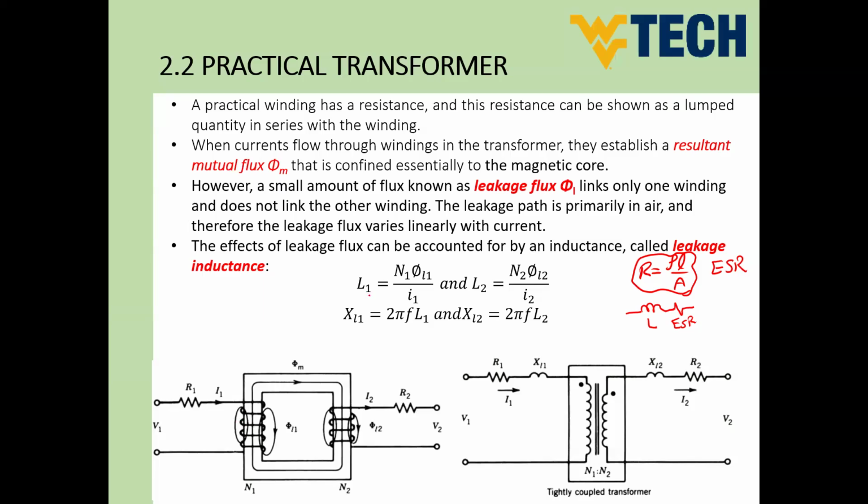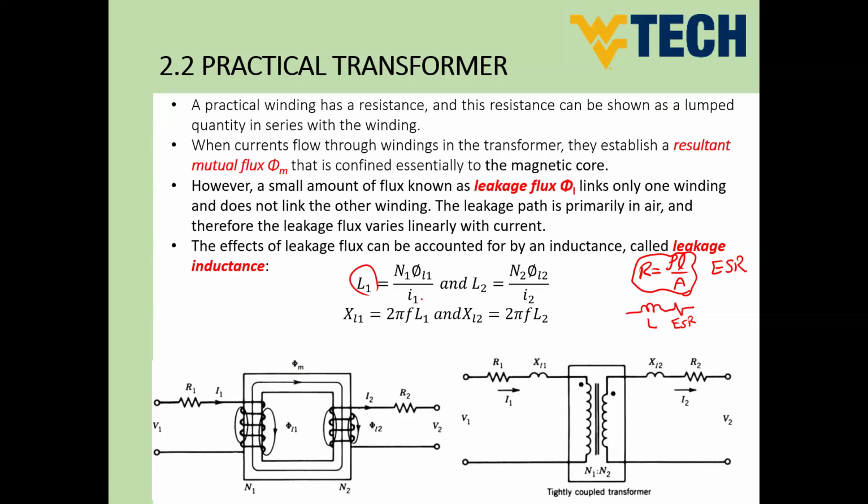For leakage inductance number 1 of the first coil, we will have N1, which is the number of turns of coil number 1, times phi L1, which is the leakage flux of the first coil, divided by I1. N phi divided by I equals L.